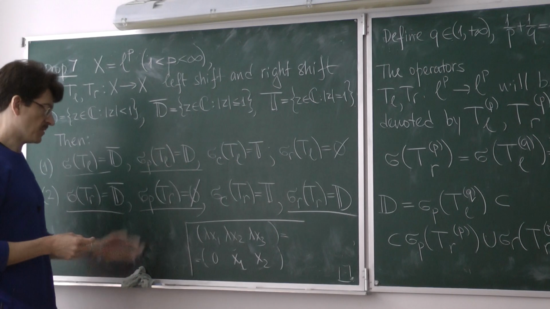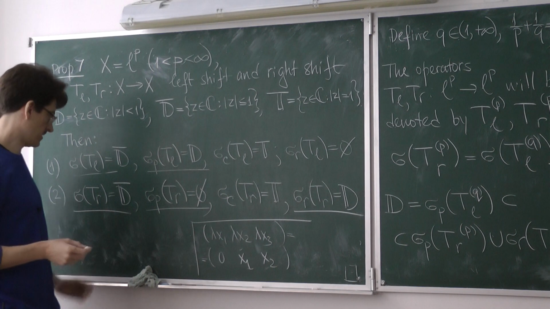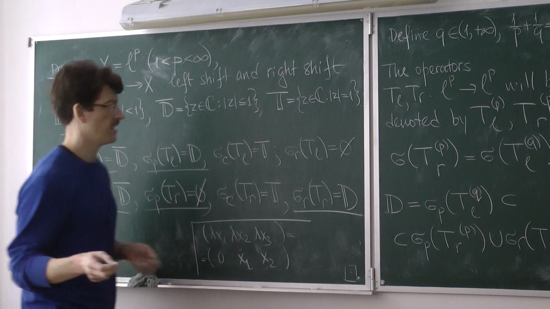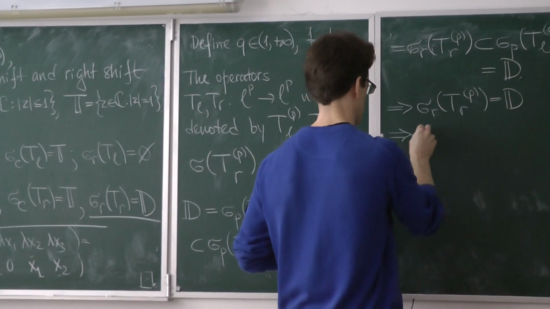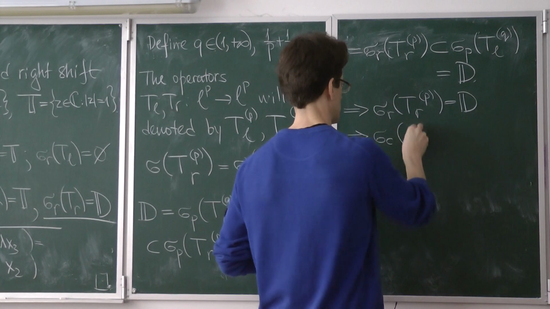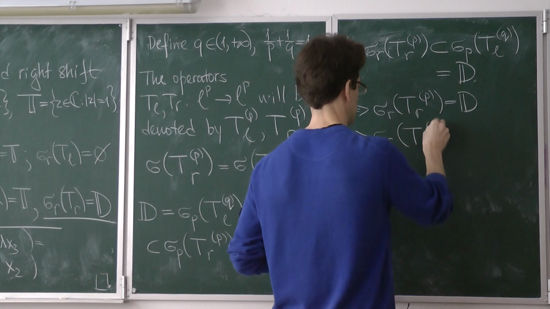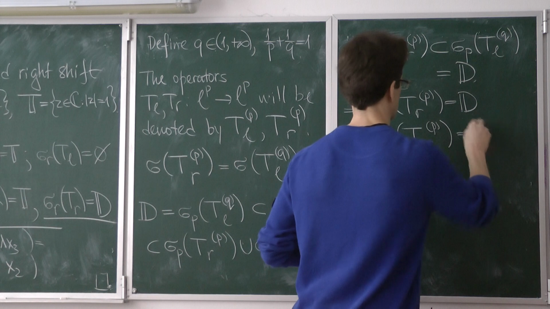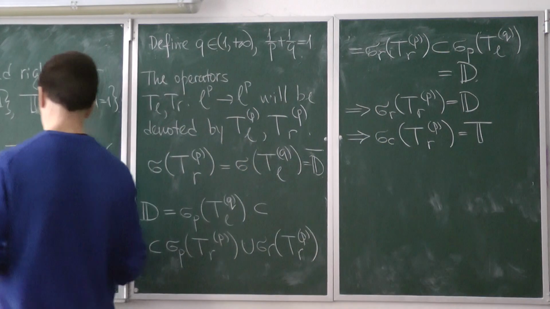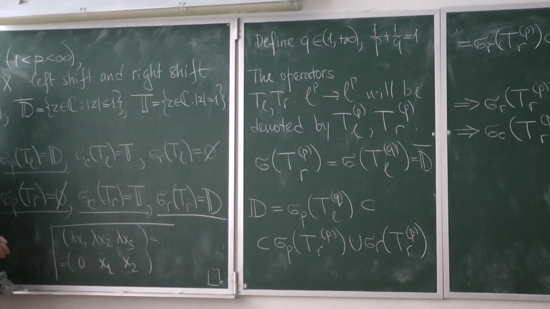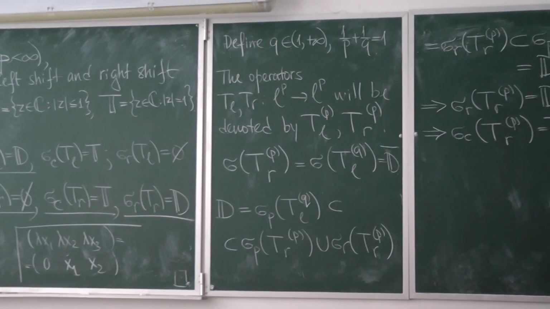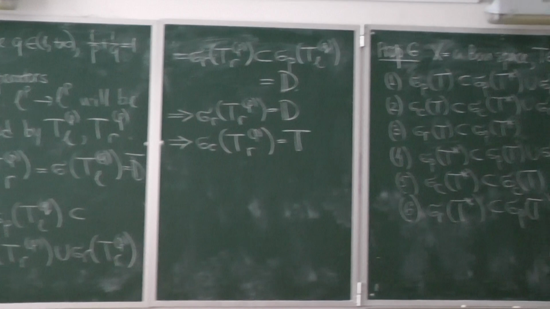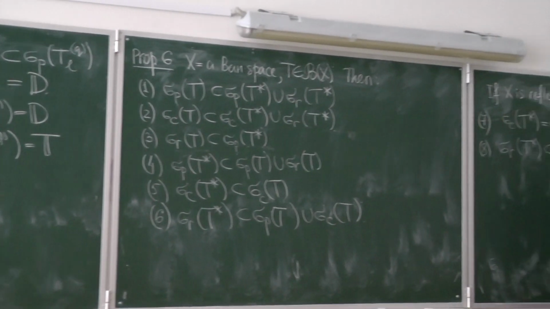Now, well, the parts of the spectrum are disjoint. The spectrum is the closed disk. And this implies that the continuous spectrum of the right shift is the circle. And we have this. Now, well, our space is reflexive because P is bigger than 1 and it's less than infinity.